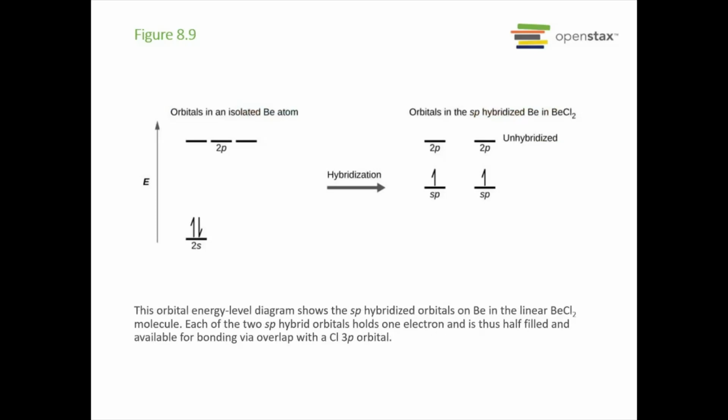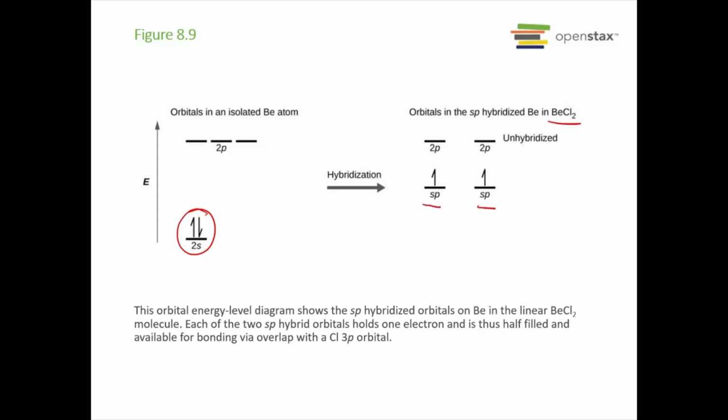Now, the other thing that happens is you form these new energy diagrams. If we're looking at a beryllium atom in BeCl2, beryllium has two electrons in its 2s valence shell, but when we form our hybrid orbitals and it bonds with chlorine, one electron goes to each spot in the energy diagram.